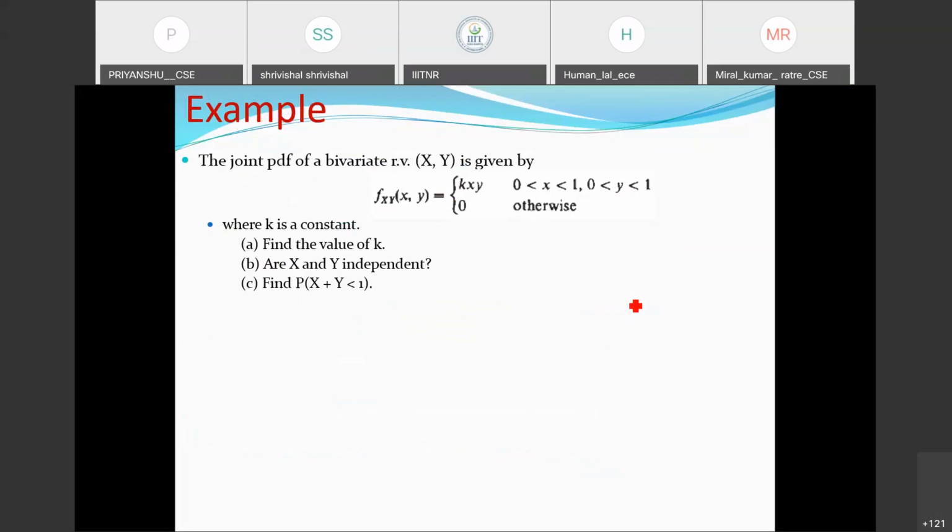And the third part here, the rest of the two parts are the same. So just solve this function here.